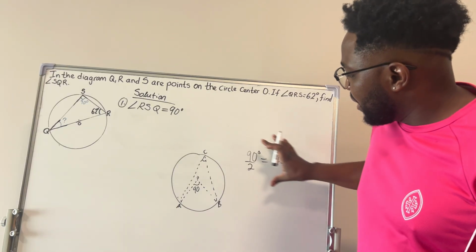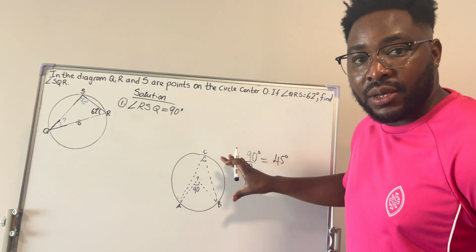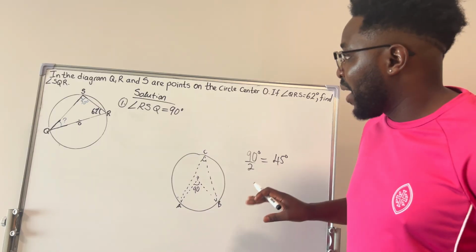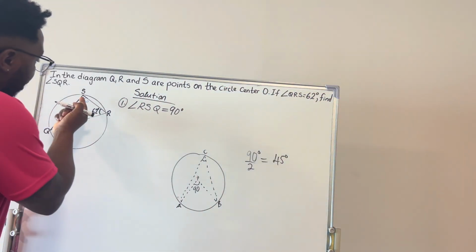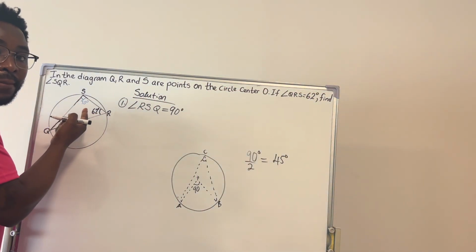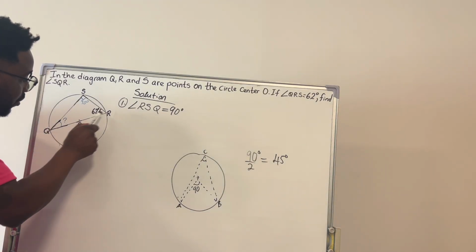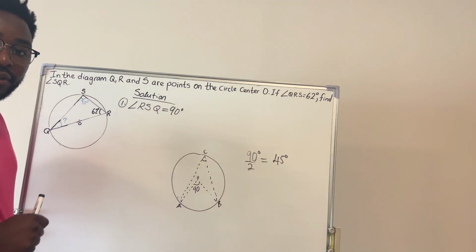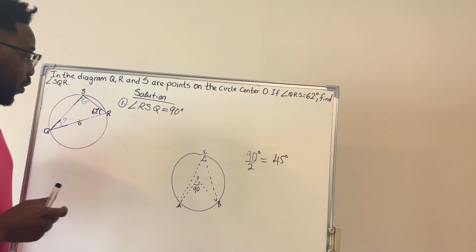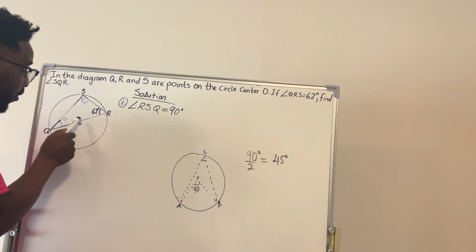So how does that information help us in knowing how this 90 degrees came up? We know that angles on a straight line add up to 180, right? And it's at the center over here.